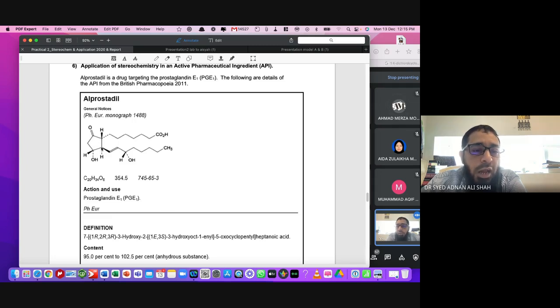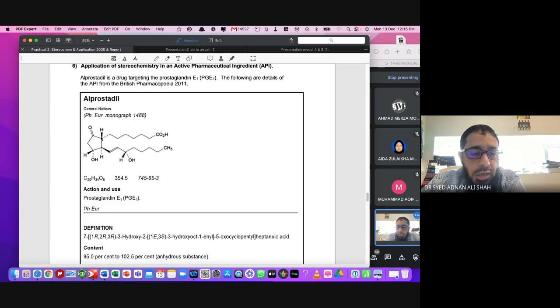And then this one is carbon, hydrogen group. This one is a CHOH group. And then this one is a CH group. And this one is a CH group with CO and CH2, right?